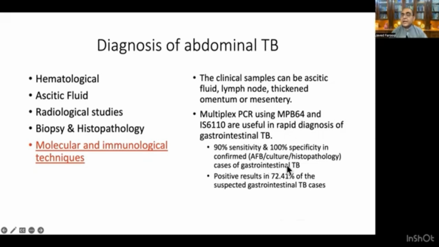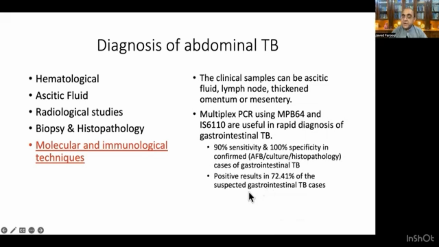In confirmed cases, there is 90 to 92% sensitivity and 100% specificity, if these are confirmed by AFB, culture, or histopathology. So the PCR has got very high sensitivity and specificity.